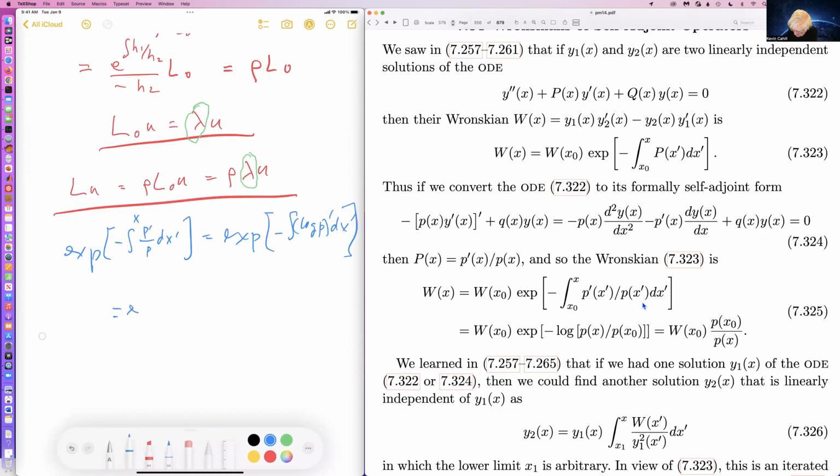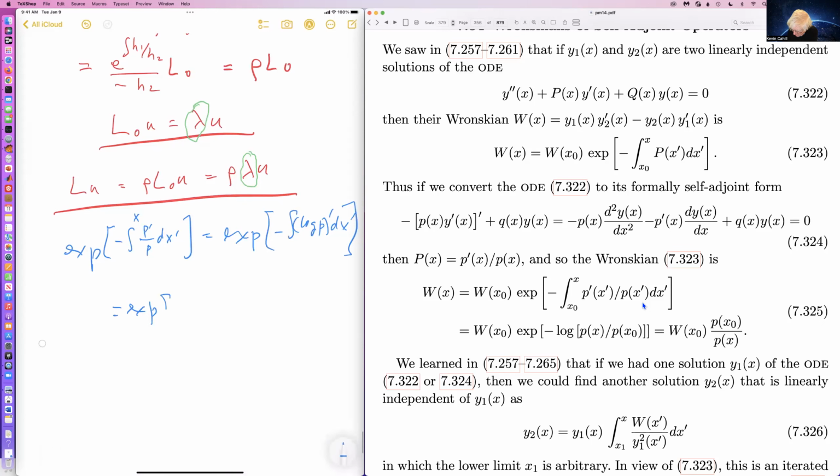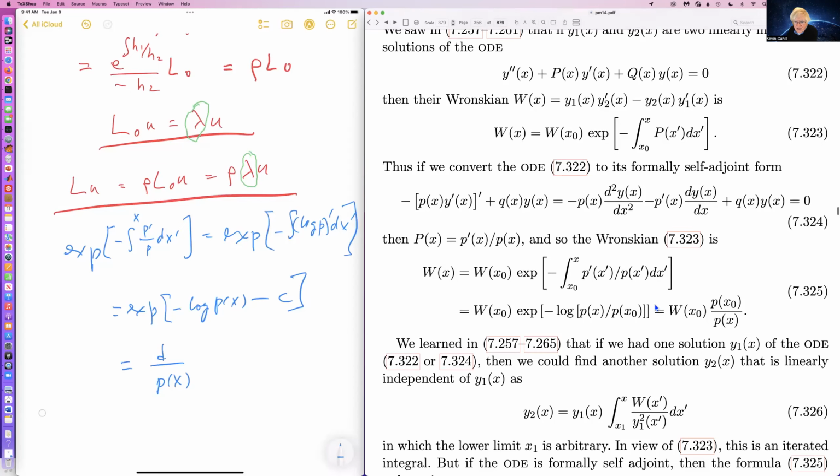And so this is exp of minus log p of x minus a constant. And so this is 1 over p of x and some other constant d. And so that's how it is that this turns into this or that or that.